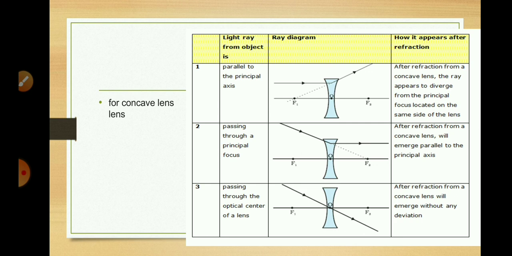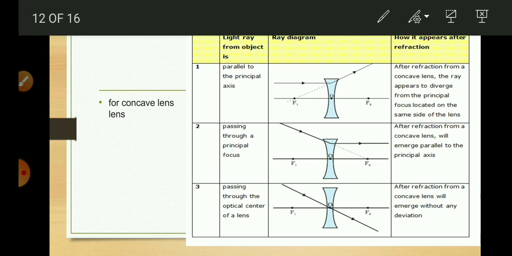Now see the rules for image formation of a concave lens. Similar to the convex lens, here also we have three rules. You can see in this table. First rule, the light ray which is going parallel to the principal axis, after refraction appears to be coming from the focus.